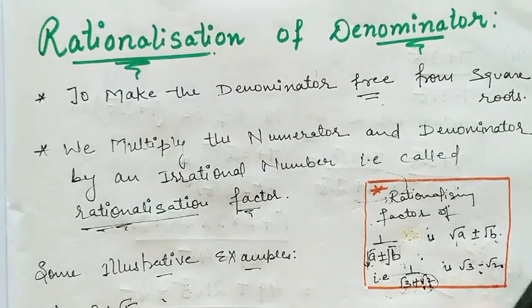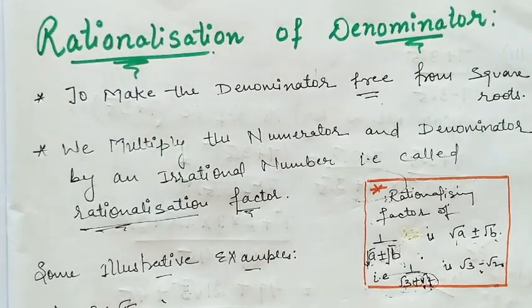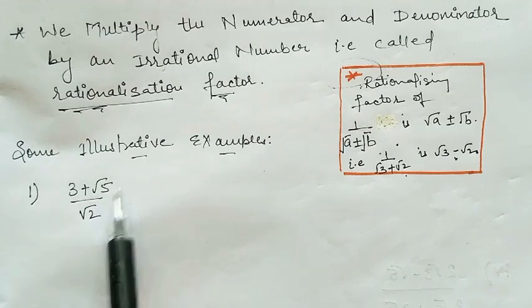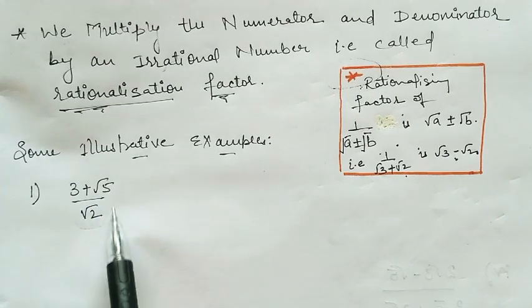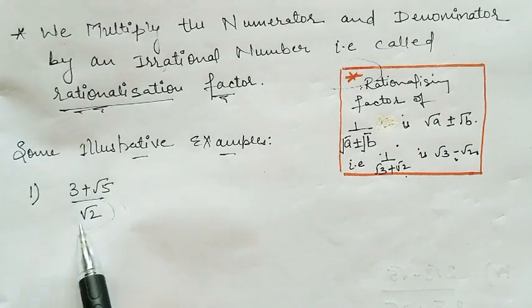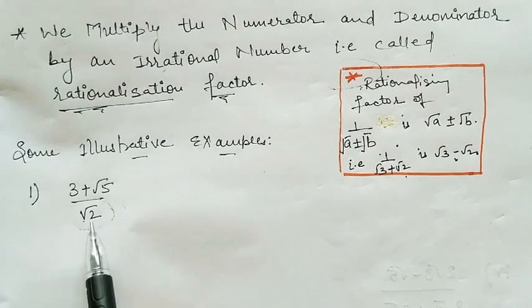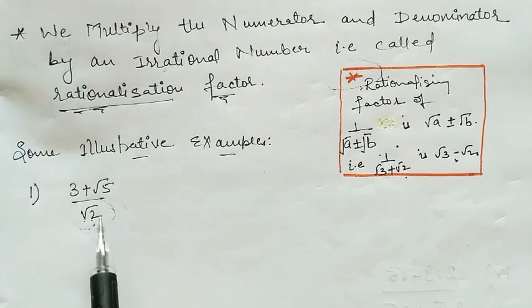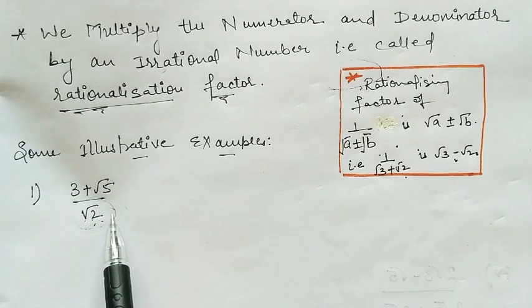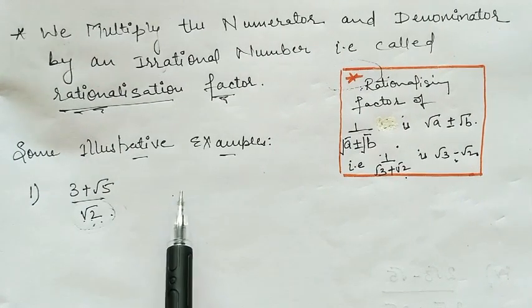So here we go for the first: 3 plus root 5 by root 2. We need to rationalize the denominator, meaning we need to remove this irrational number from the denominator. For that, we will multiply the denominator by its rationalizing factor.